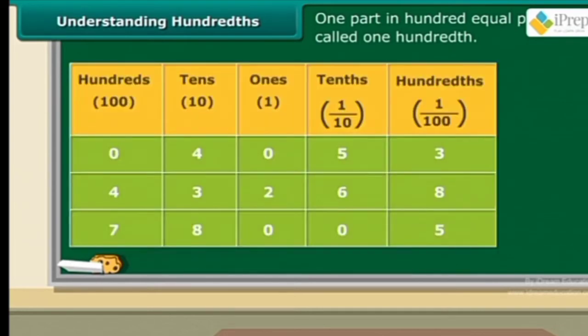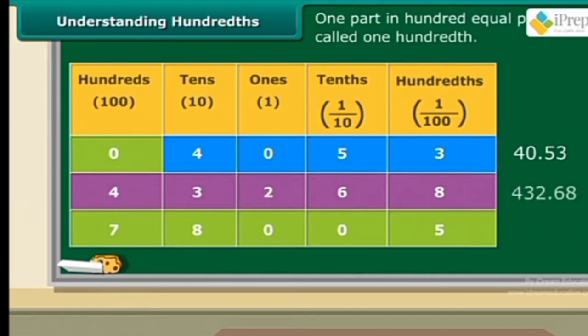Now concentrate on the table and let us read decimals from it. Look at the first row. 40 plus 5/10ths plus 3 hundredths will make 40.53. Now focus on the second row. 4 hundredths plus 3/10ths plus 2 ones plus 6/10ths and 8 hundredths will make 432.68.